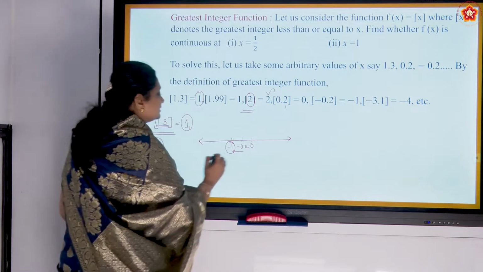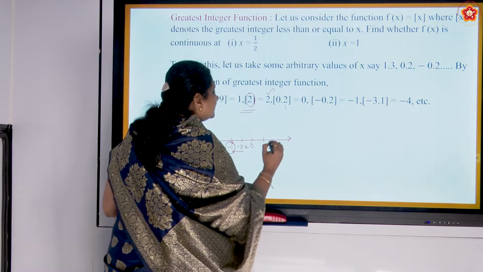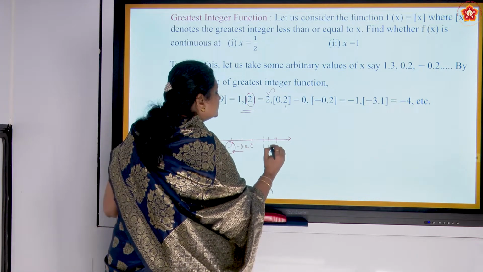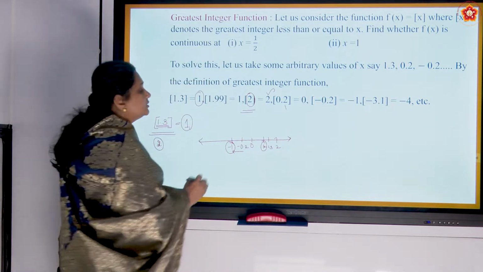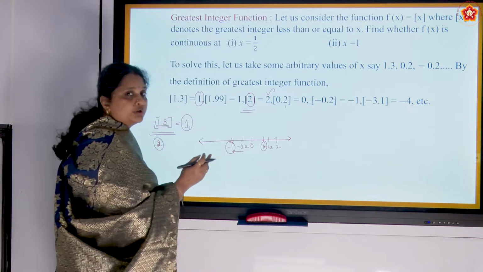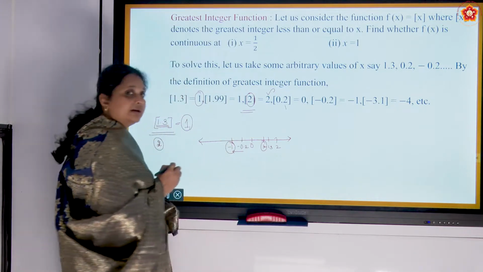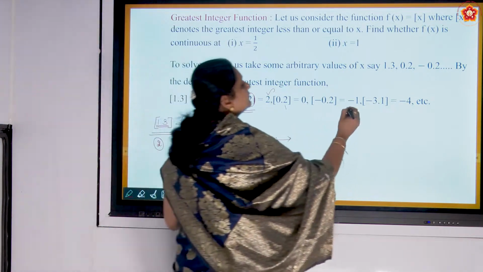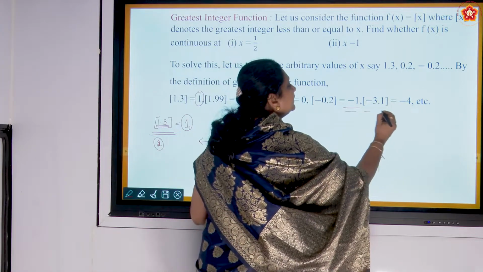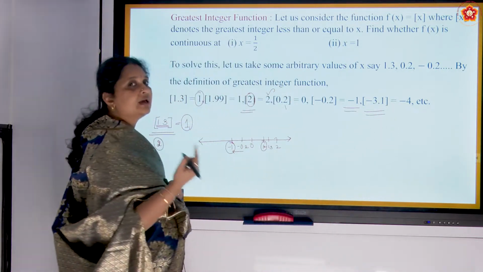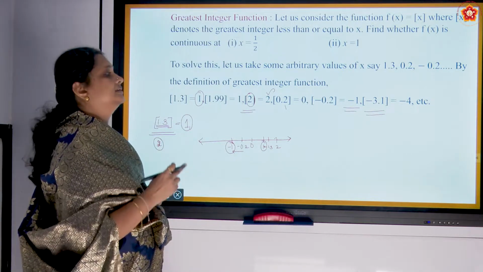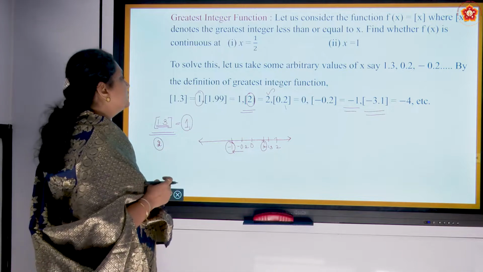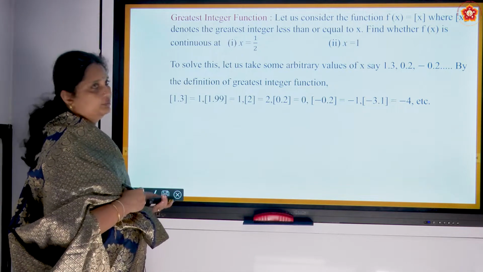If you say 1.3, 1 is here, 2 is here, 1.3 is here, so on the left, the first integer value will be taken. Similarly for minus 0.2, on the left it is only minus 1, so this answer will be minus 1. And minus 3.1, what is the first integer on the left of minus 3.1? That is equal to minus 4. So this is how we try to find the value of it.